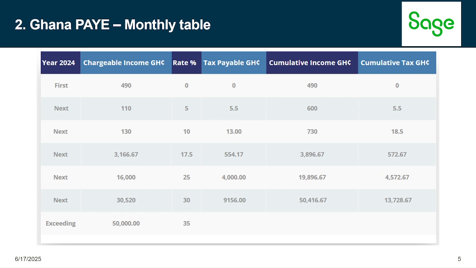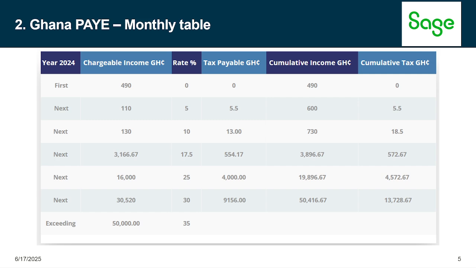We tax it progressively. By deducting the first 490, we tax it at 0%. Next, we take 110 and tax it at 5%. If there is still a balance, we take 130 and tax it at 10%. If you still have a balance, we take 3,166.67 and tax it at 17.5%.